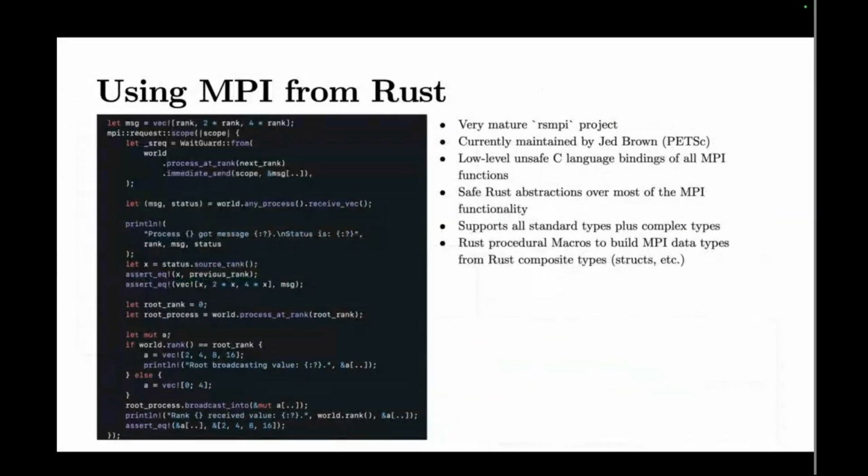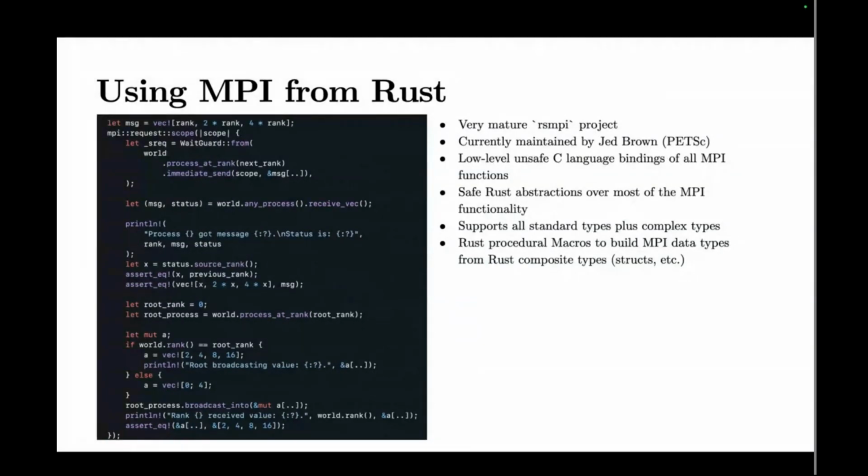Okay. So when we are talking about grids, obviously we need to work on grids, we need to distribute them. So we use MPI for this. I've done a little bit of a segue here to MPI. Using MPI from Rust is fortunately very straightforward. There's a very mature rsmpi project, which is currently maintained by Jed Brown, who some people here might know from his work at the University of Colorado, Boulder.